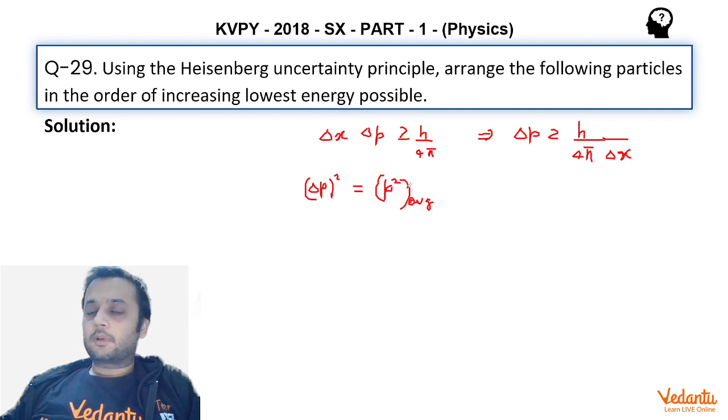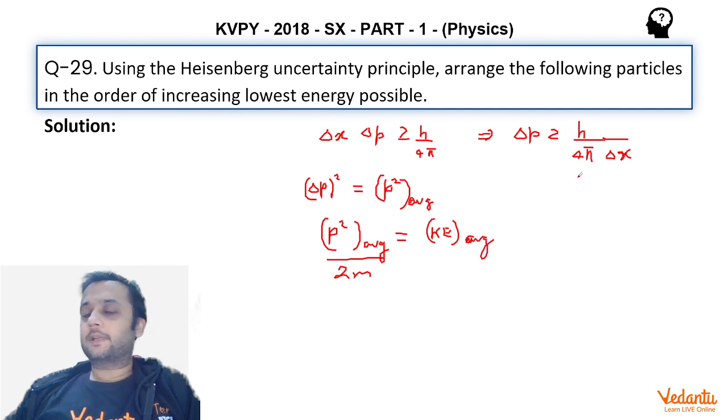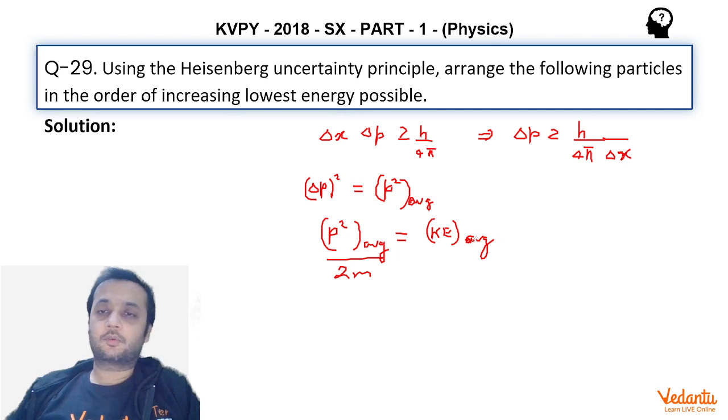If delta p is more, then p squared will be more, and the average of p squared by 2m is nothing but the average kinetic energy. So if delta x is less, then delta p is more, p squared is more, and kinetic energy is more.